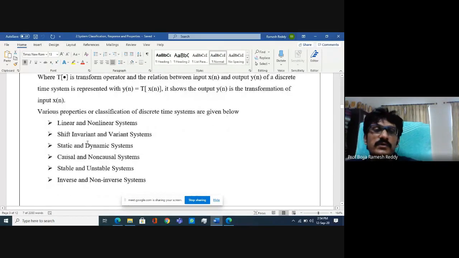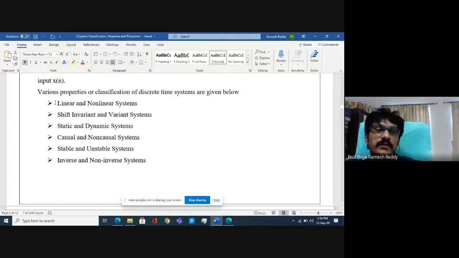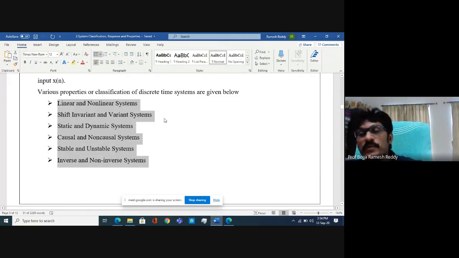That's the next properties or classification. These are the various properties. Now we need to test the system for all these things, like linear and non-linear systems. If the system is in ready-made form, we have to test it for linearity. Linearity means our designed system may be linear, or may not be linear, which we call a non-linear system. Second, we have to test the system for shift invariance, shift invariant or variant.